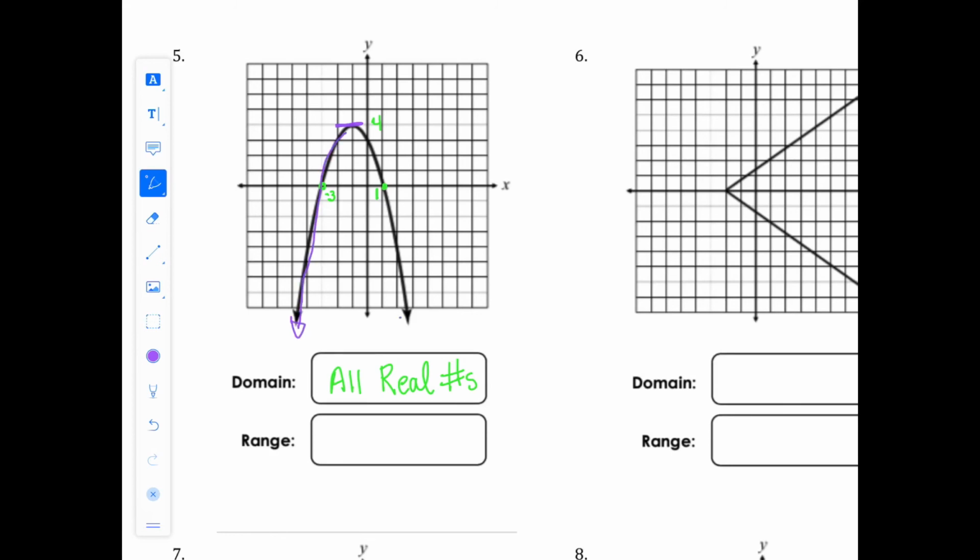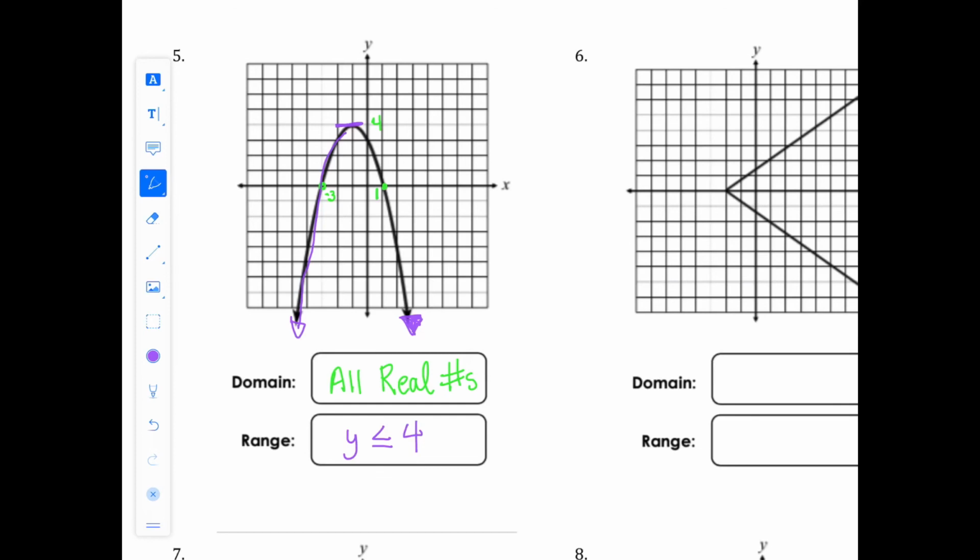But we can also see, because of the arrows, that this just keeps going down, down, down. It keeps including all of those small negative numbers. So we would write our range as y is less than or equal to 4. So this keeps going to -infinity.